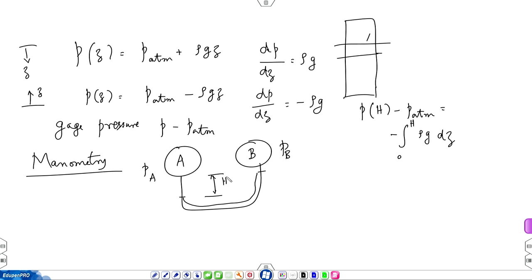So, one possibility is you start with A where the pressure is P A. Now, when you go vertically downward, these limbs are all at the so called human scale. So, the U tube might be about this big.